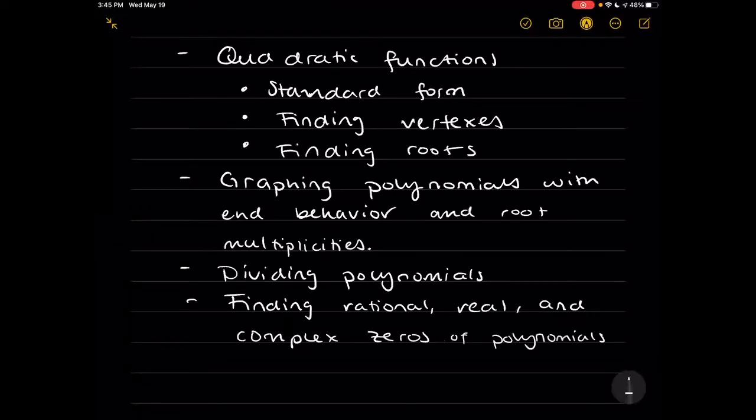So in doing so, we used a couple main theorems that kind of guided our search for zeros.